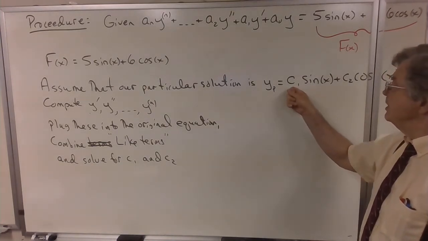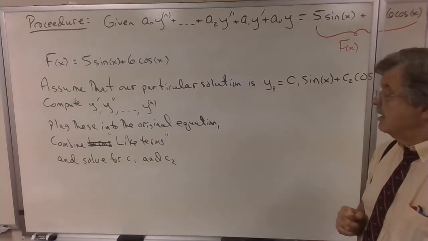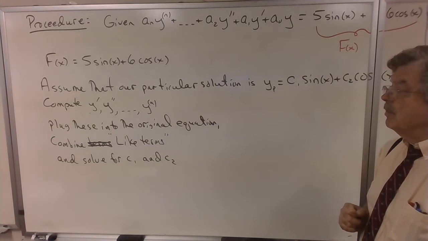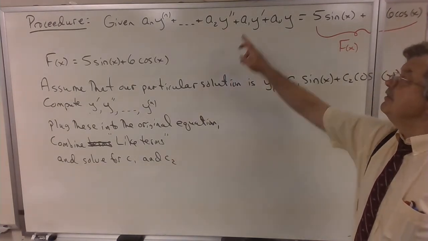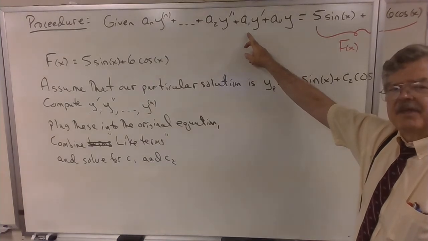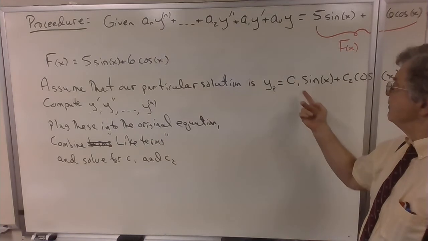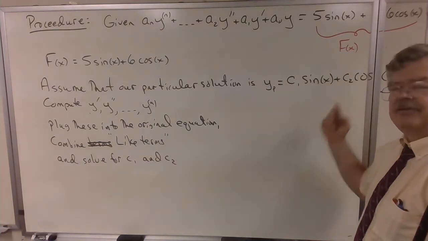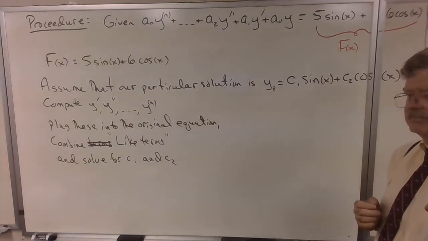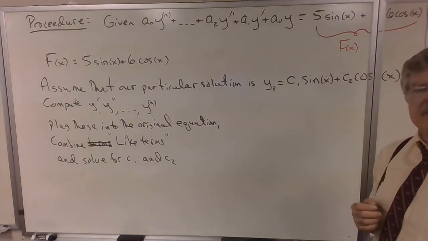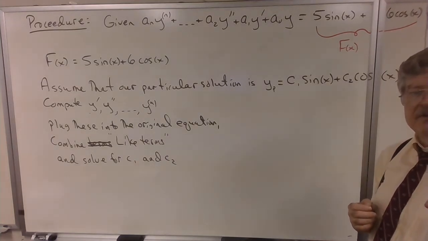So we'll say C1 sine of x plus C2 cosine of x. And we compute y prime, y double prime, and so forth, and plug all of these things into the original equation and combine like terms, and then just solve for C1 and C2. We can do that. So that's what we do if we have sines and cosines.